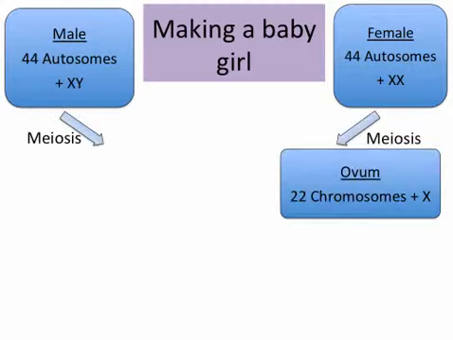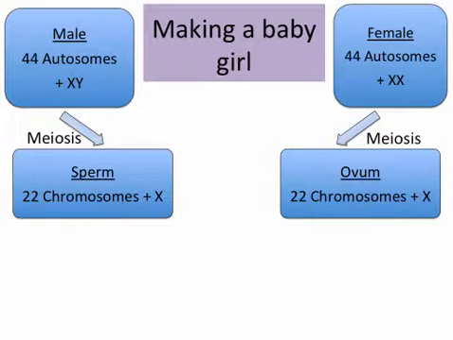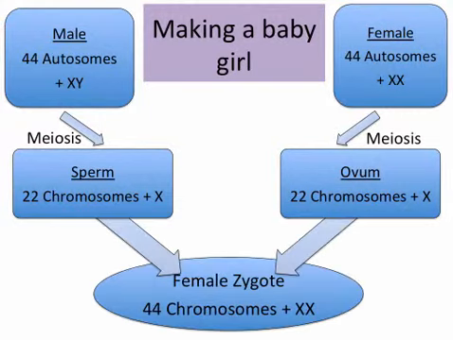A female will always produce an ovum that has 22 chromosomes plus 1 X. A male will produce a sperm, in this case, that has 22 chromosomes plus an X as well. Once these two join together in fertilization, they produce a female zygote that has 44 chromosomes, 22 from the male, 22 from the female, and 1 X from the male and 1 from the female.